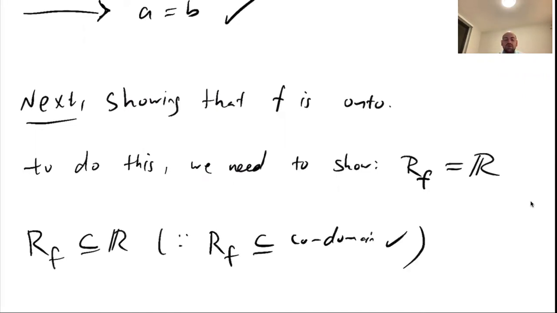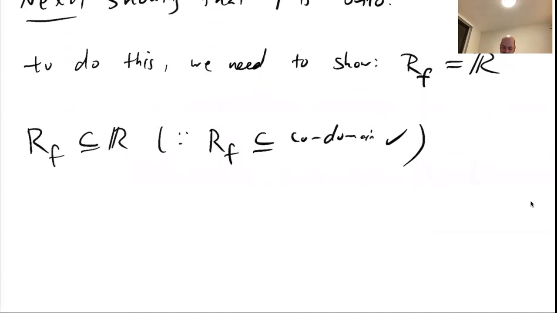This is not the direction that determines whether the function is onto or not. Range is always a subset of codomain for every function in the world. The other way may or may not hold. The codomain may or may not be a subset of the range. So that's what determines whether the function is really onto or not. I need to show this, so this part is okay.